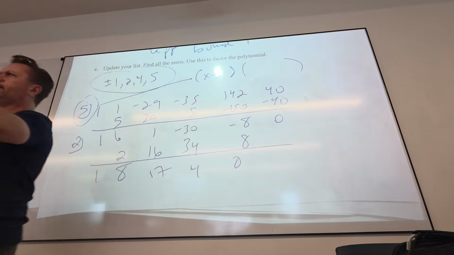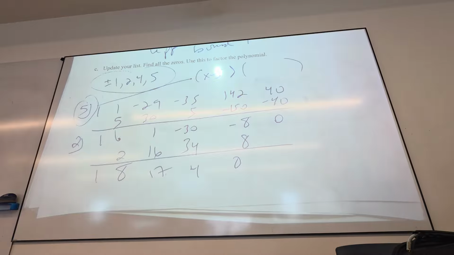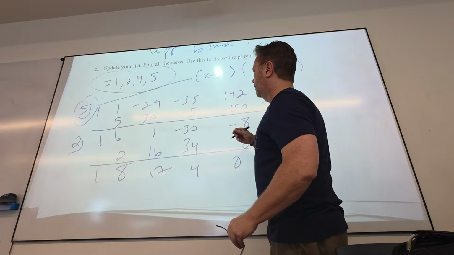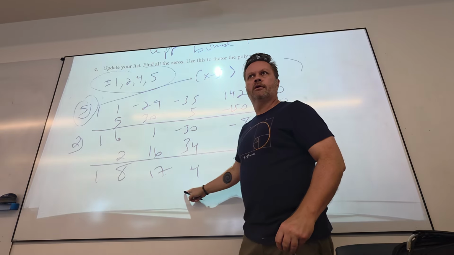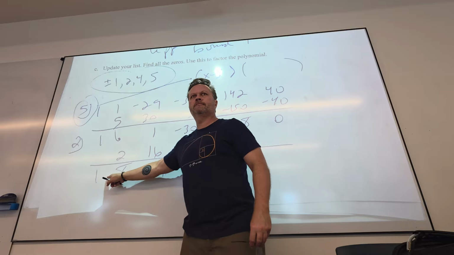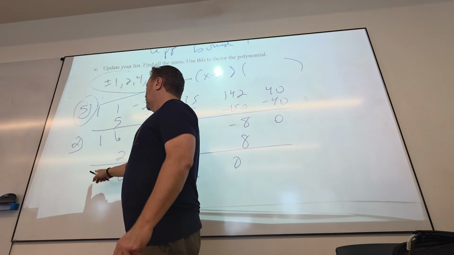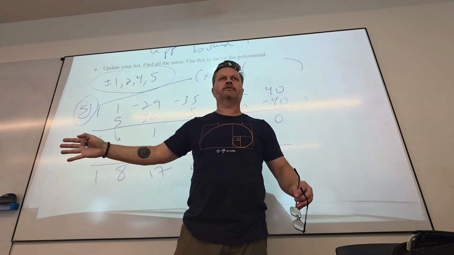I think -4 might work. I can't remember now. By the way, real quick. Every time you get something to work, by the way, do you see the results here of our division? Do you see how the signs are all the same? You with me? That pretty much means that I'm not going to try any more positive roots.